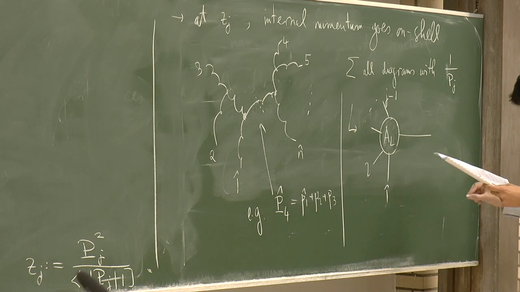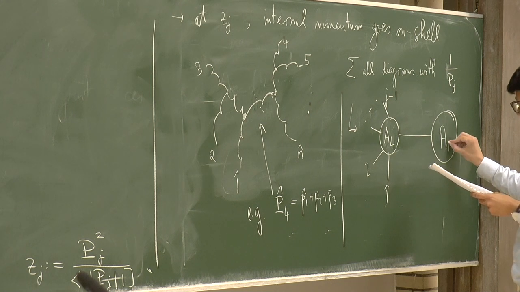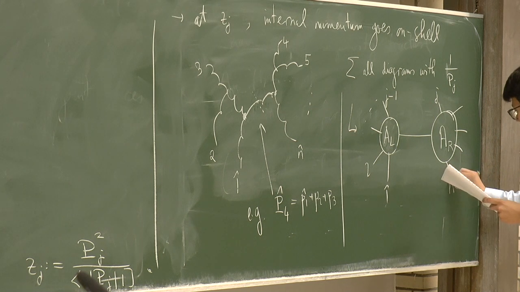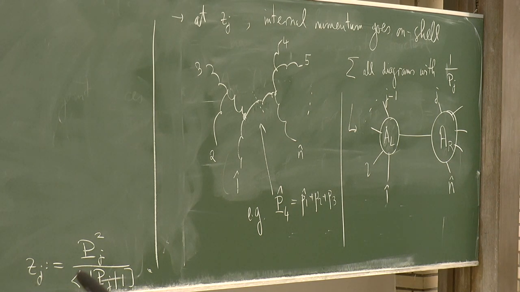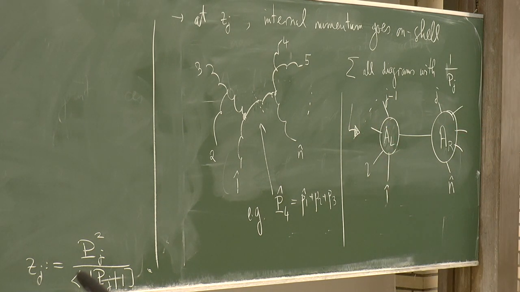Then we have the middle line, and then we have the amplitude on the right, which starts with j and goes all the way up to n, which is also shifted. Are you happy so far?